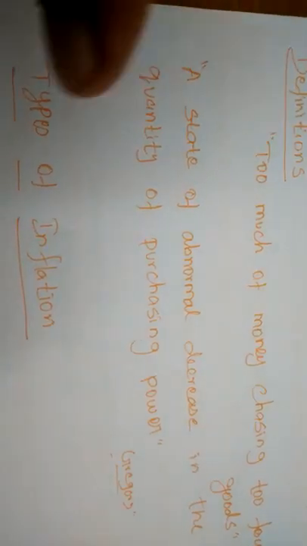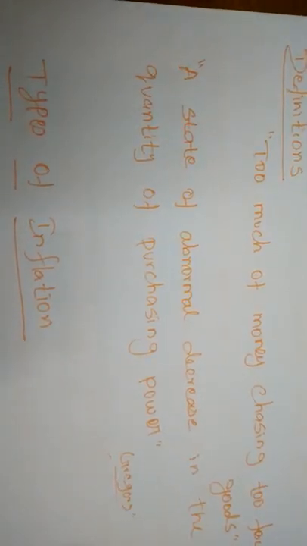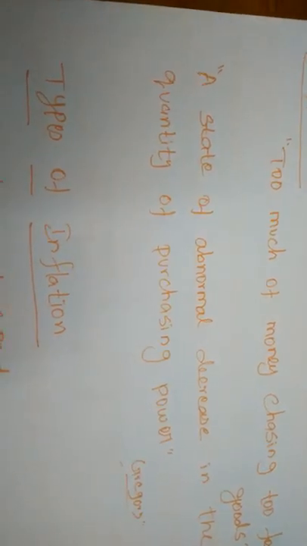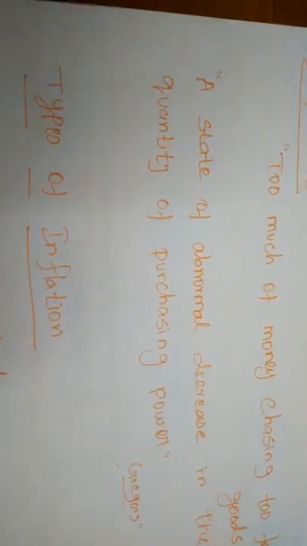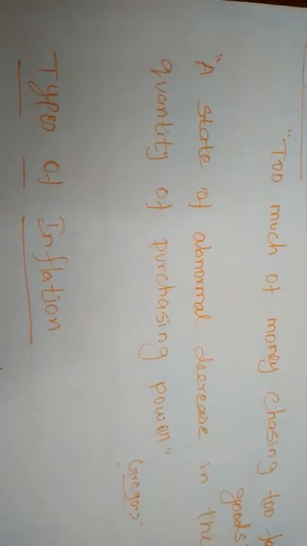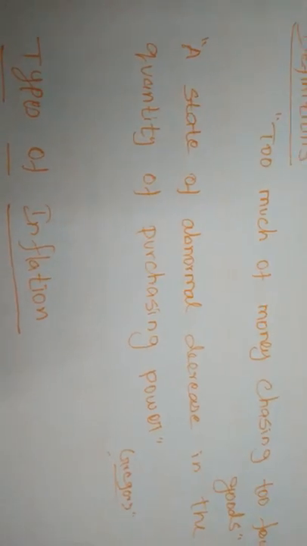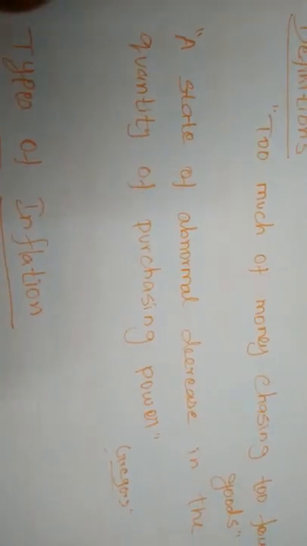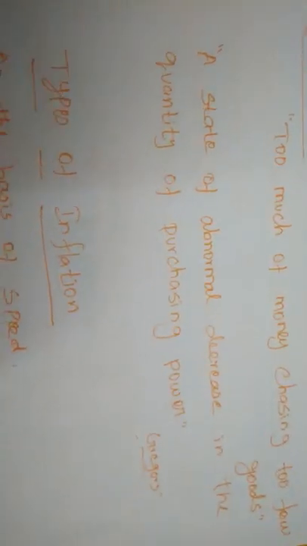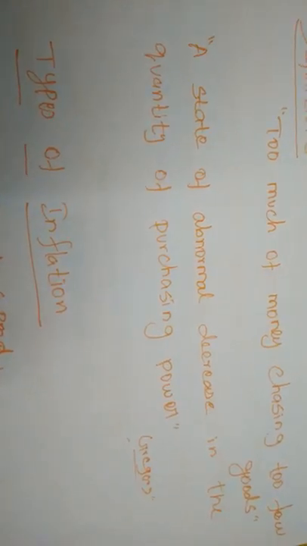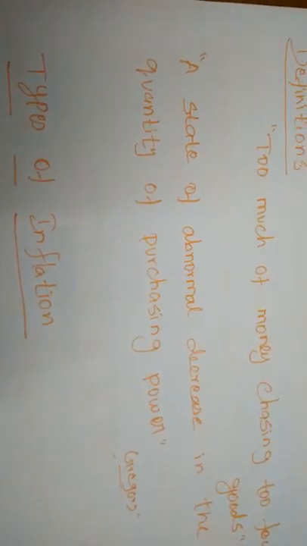When there is no change in your income, and the price level rises every month, you cannot purchase more commodities. You can purchase only as per your existing monthly income, right? So the state of abnormal decrease in the quantity of purchasing power, whenever the purchasing power is decreased, that state is called an inflation situation, right?